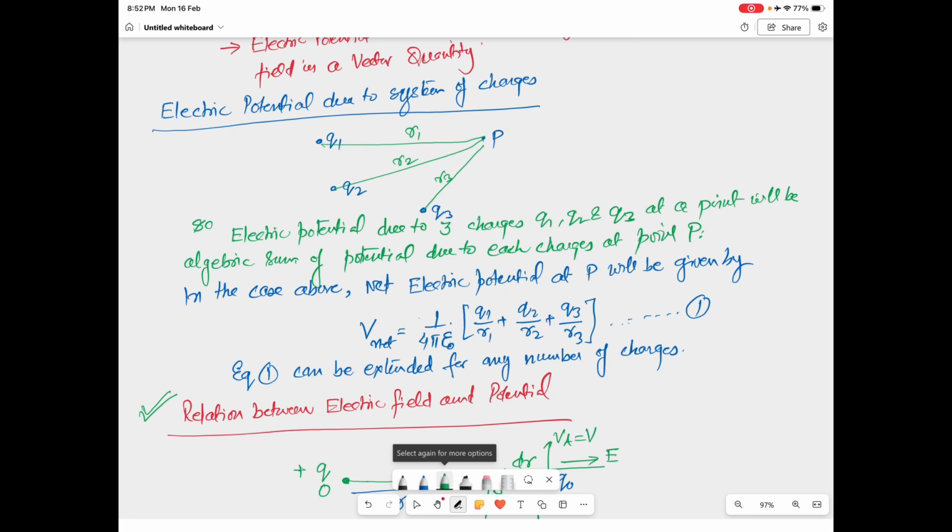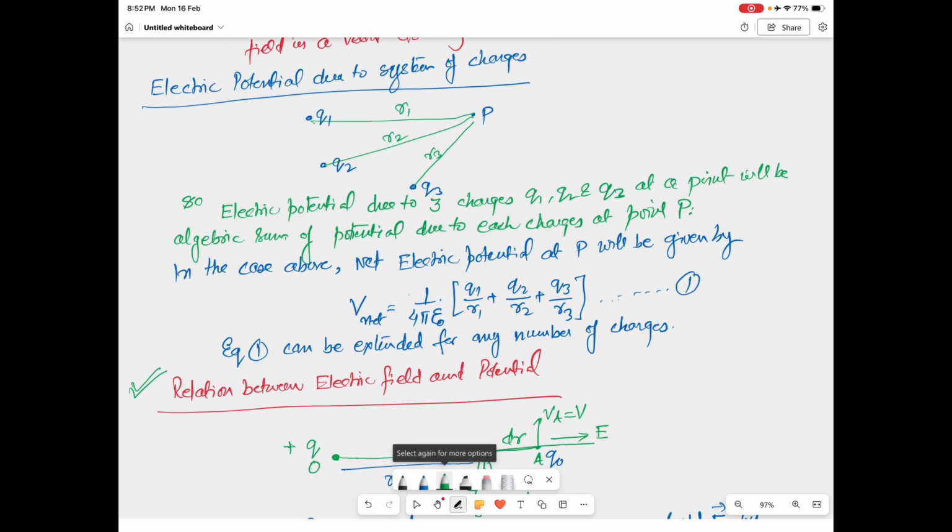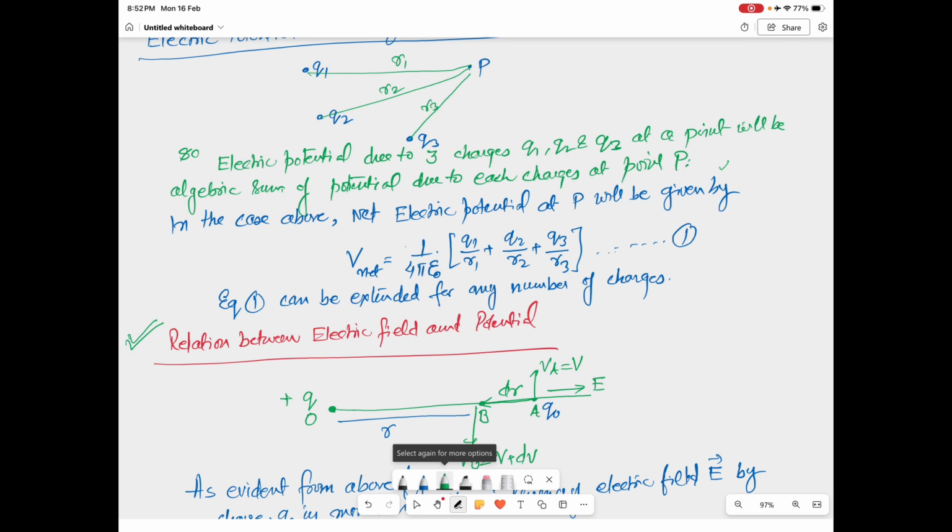So if there are charges Q1, Q2, Q3 placed at distances R1, R2 and R3 from a point P, what is the potential at P? Since it's a scalar quantity, the potential at a particular point will be nothing but the sum of the potentials due to the individual charges at point P. So I have just added 1 upon 4 pi epsilon naught Q1 by R1, plus 1 upon 4 pi epsilon naught Q2 by R2, plus 1 upon 4 pi epsilon naught Q3 by R3.